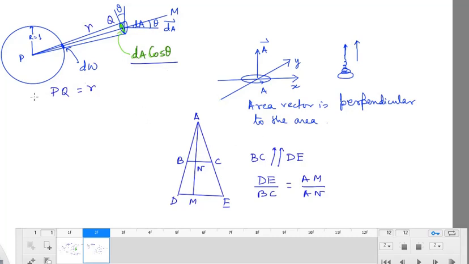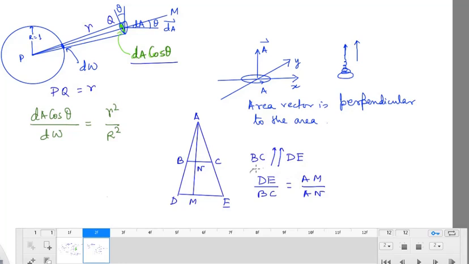So can't we say in the same flavor, dA cos theta by d omega is equal to, since this is the case of area, R square by R square, right?